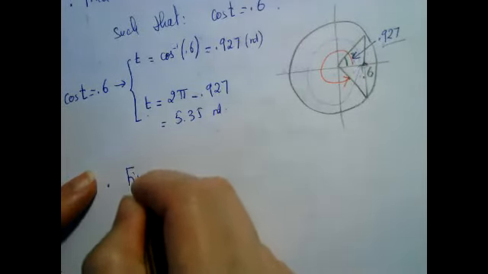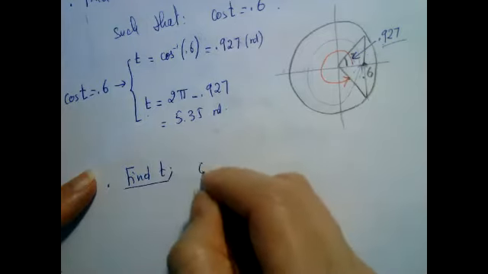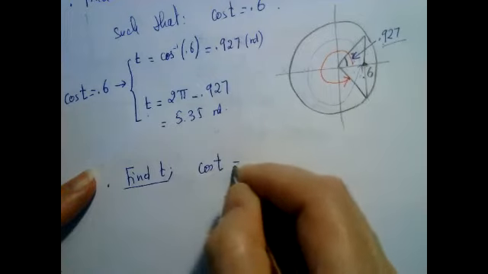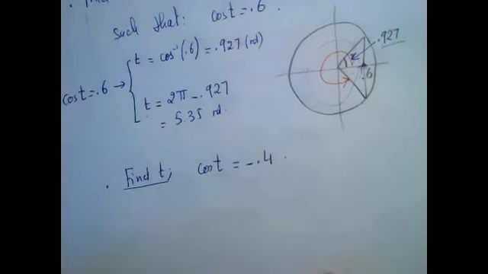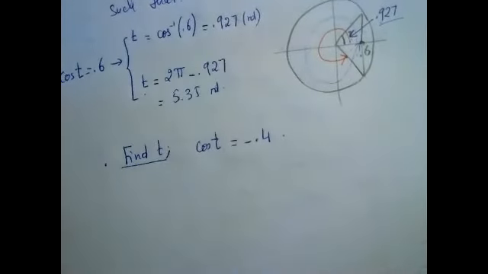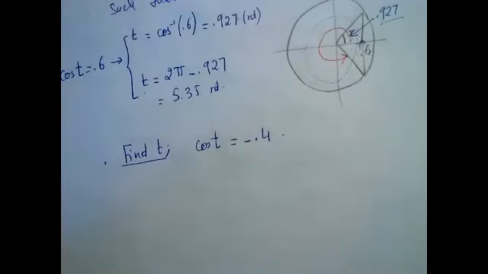Find the value of t such that the cosine of t is equal, let us say, to minus 0.4. Okay. All right, you have a minute to do that.